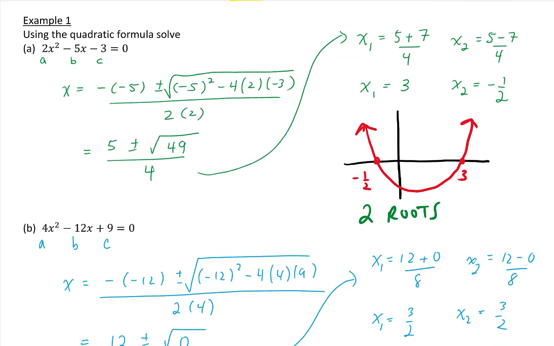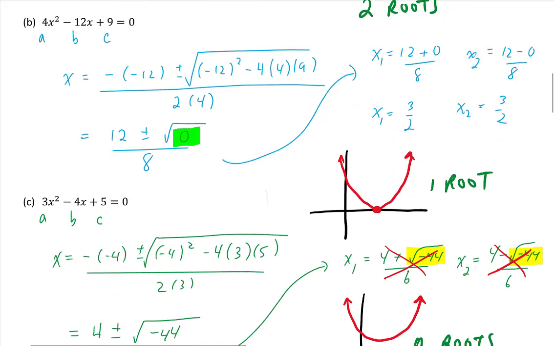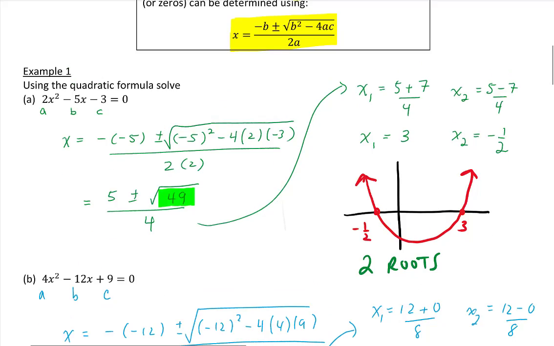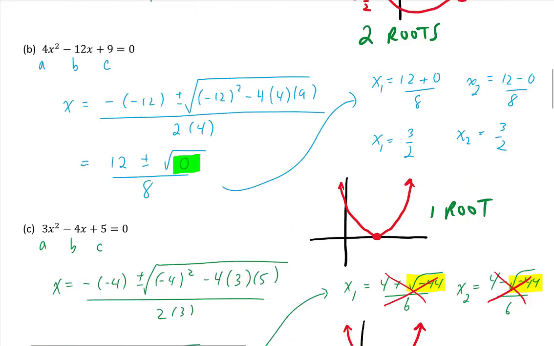So in our first example, we see we have a number greater than 0, and it gave us two answers. In our second one, we had 0, which gave us one answer, or a double answer. And our third one, we had a negative result, and that's why we got 0 solutions for this equation. And notice all those things under the square root come from the b squared minus 4ac. And that's what we're going to talk about next.